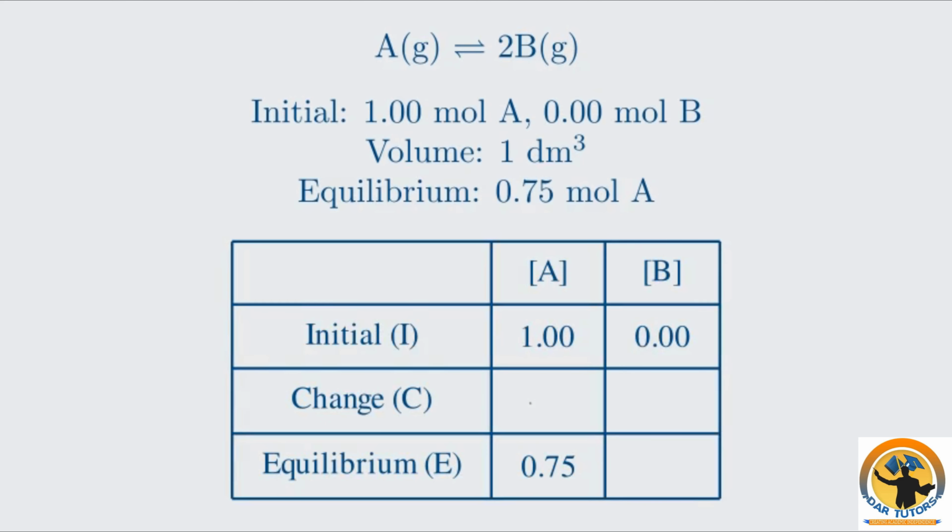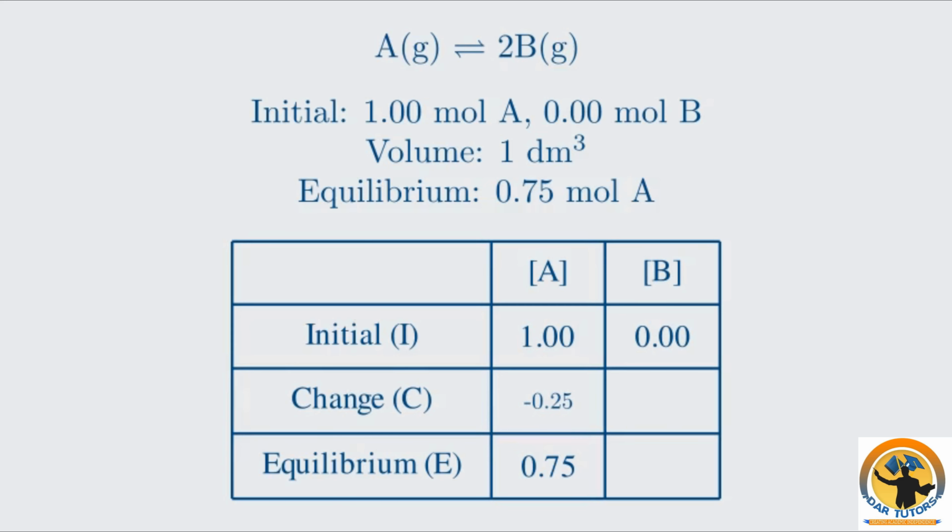To get from an initial of 1 to an equilibrium of 0.75, the change in A must have been a decrease of 0.25 moles. We write this as minus 0.25 in the change row for A. Now, we use the stoichiometry of the balanced equation. For every 1 mole of A that reacts, 2 moles of B are produced.